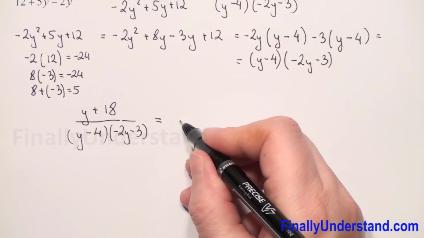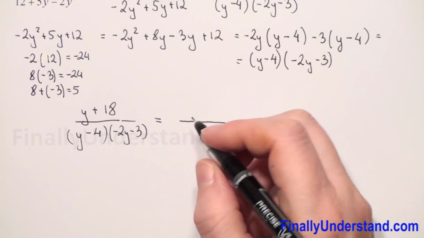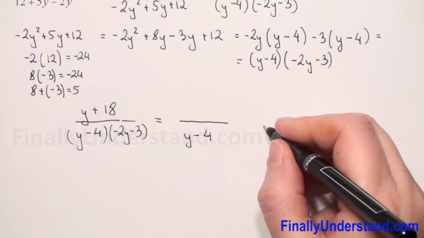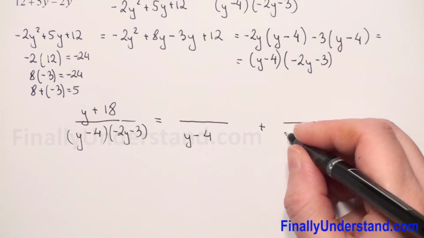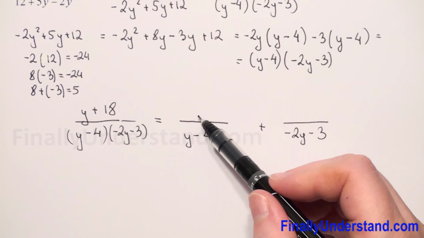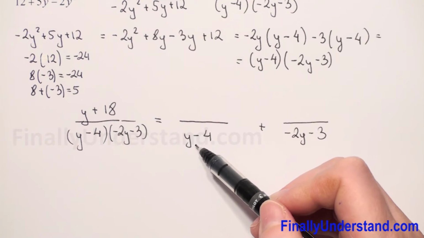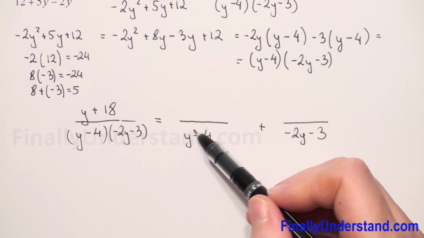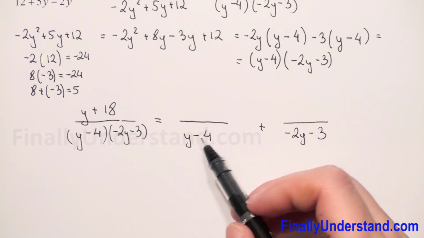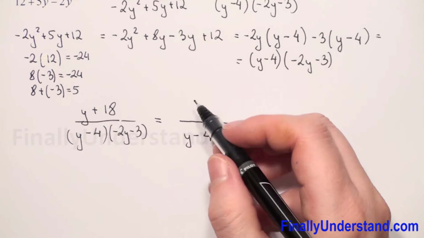This is equal, like I said, every factor will be the denominator of our partial fractions. So the first denominator will be y minus 4, and the second will be negative 2y minus 3. Next, in the numerator, I always have to have a power less than the denominator. If I have linear factors in the denominator, we have y to the first power and y to the first power, so they are linear factors.